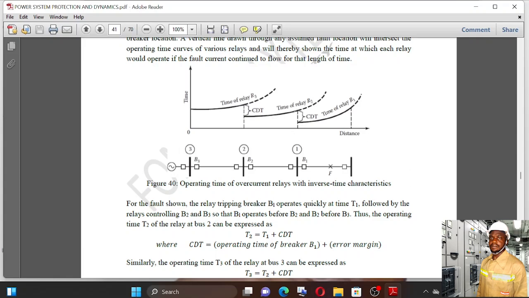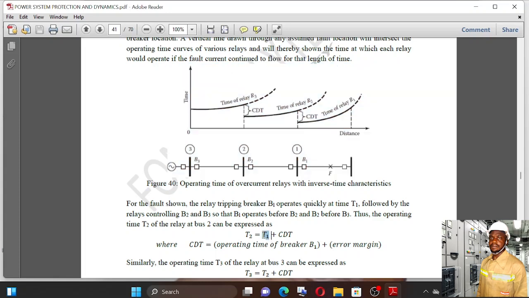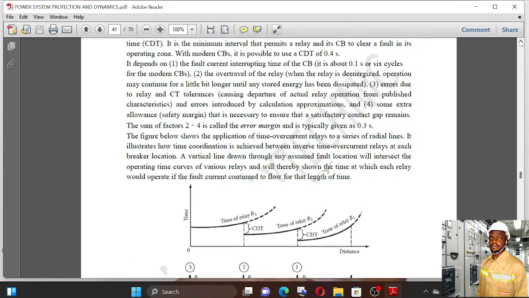And we can see that, for example, if the circuit breaker 2 is to react, then the coordination time here should be the operating time for circuit breaker 1 plus the error margin. That error margin entails other criteria that probably add up to give some small time, which wasn't really the time required for the circuit breaker to react.